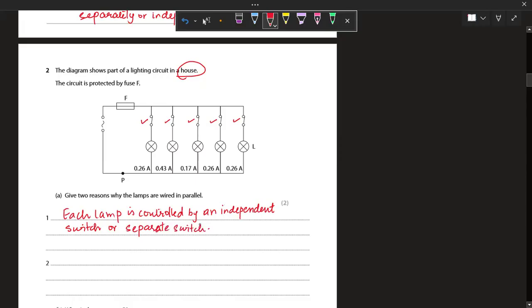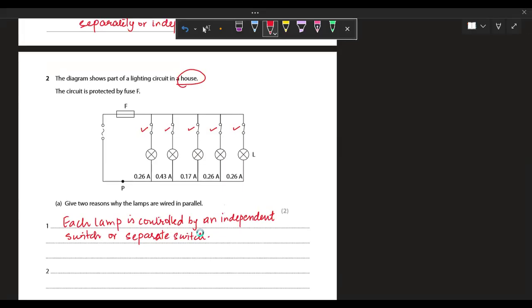And what could be another reason that can be included here? If one lamp breaks, the others can still work. Oh, wow, good. So that could be the advantage, right?